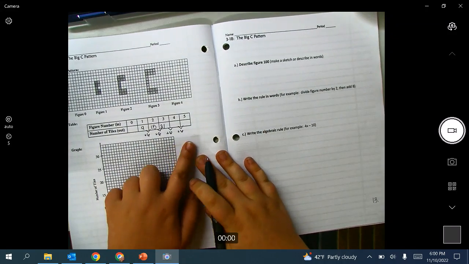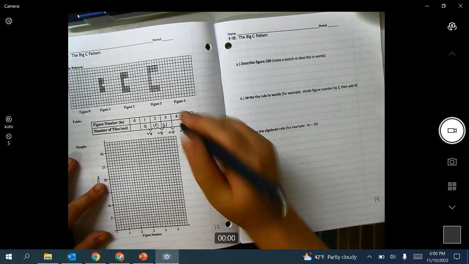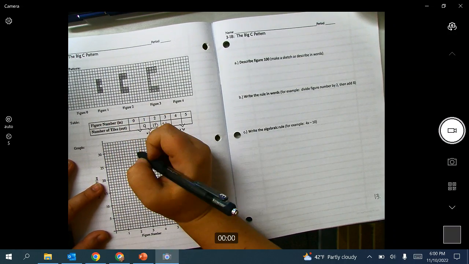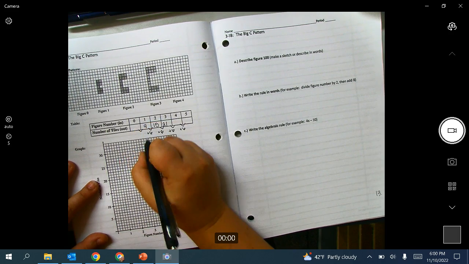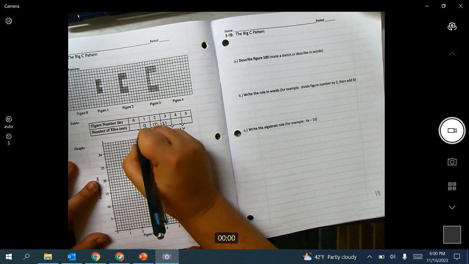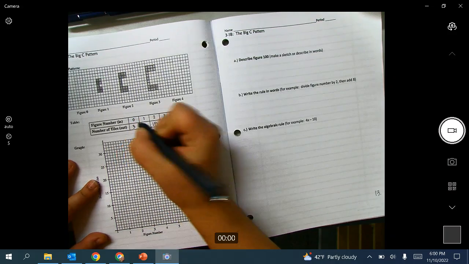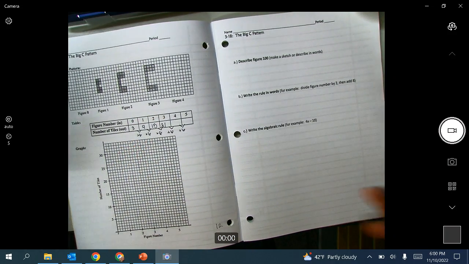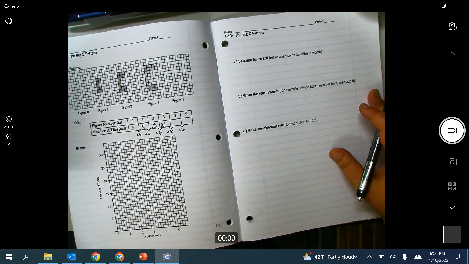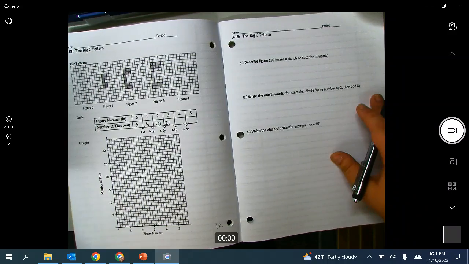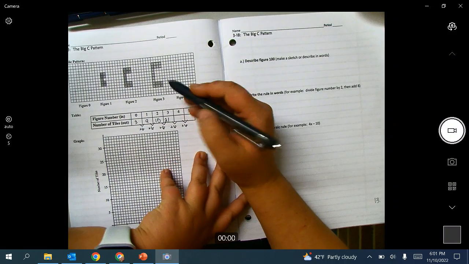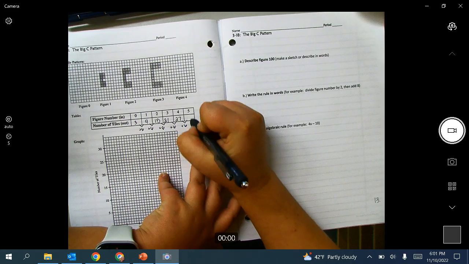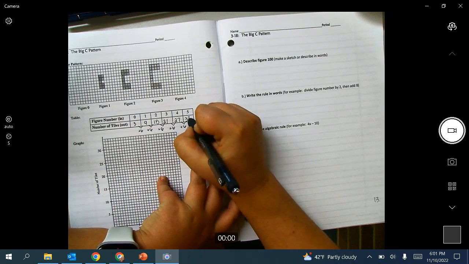We can use this same pattern to go backwards too and figure out figure 0. If this has to be plus 6, I'm going to subtract 6, which means figure 0 would just have 3 tiles. Then we can figure that figure 4 would have 27 and figure 5 would have 33.